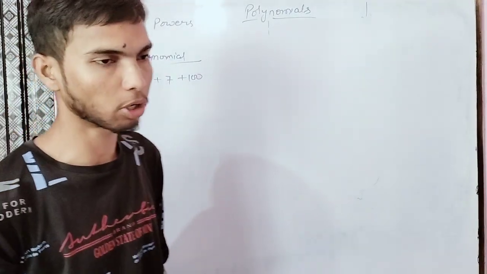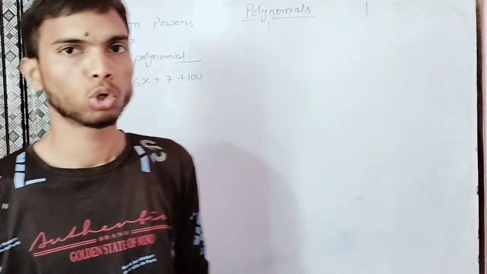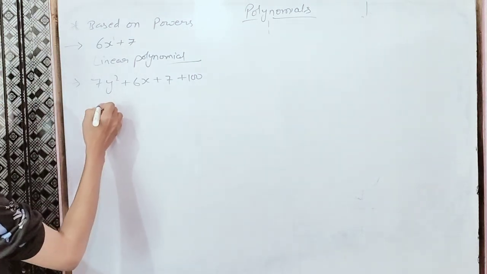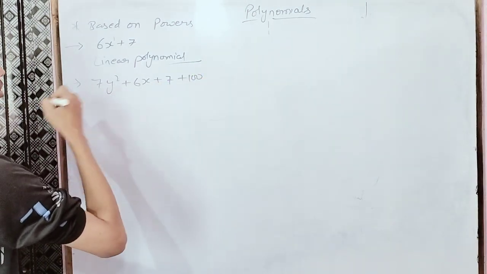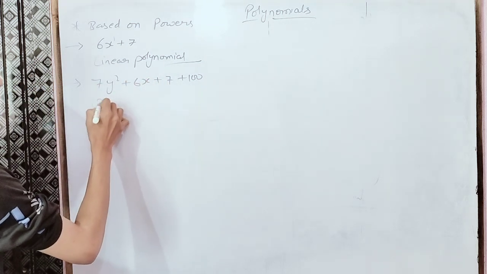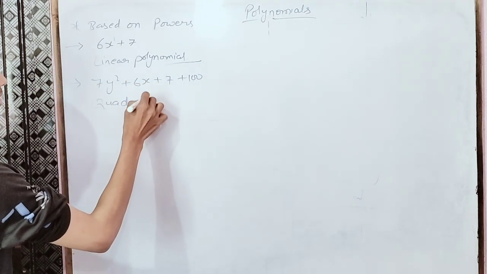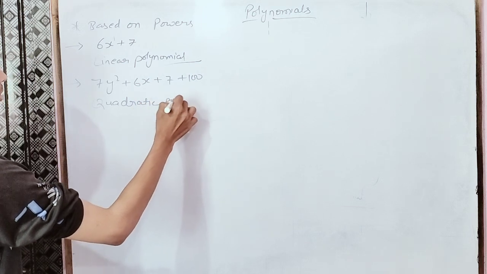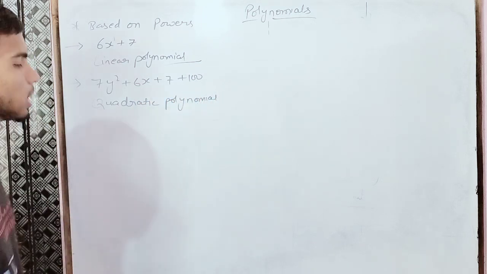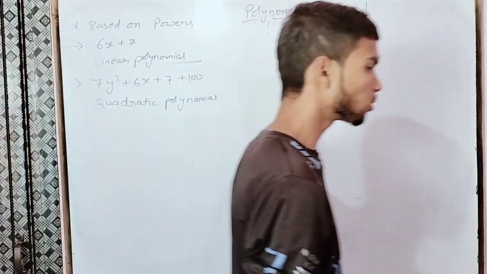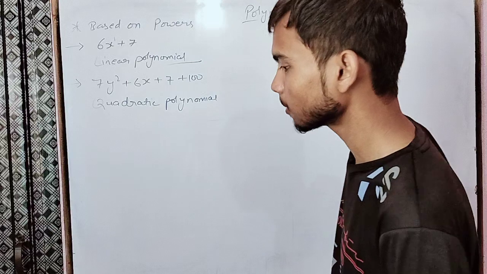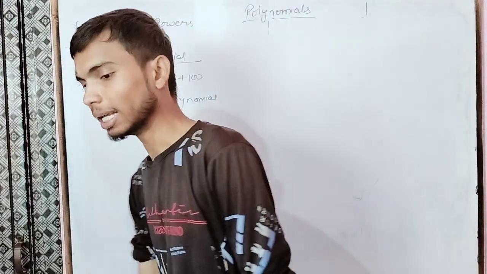So highest exponent is how much? 2. So if there is an exponent 2, this polynomial will be considered as quadratic polynomial.